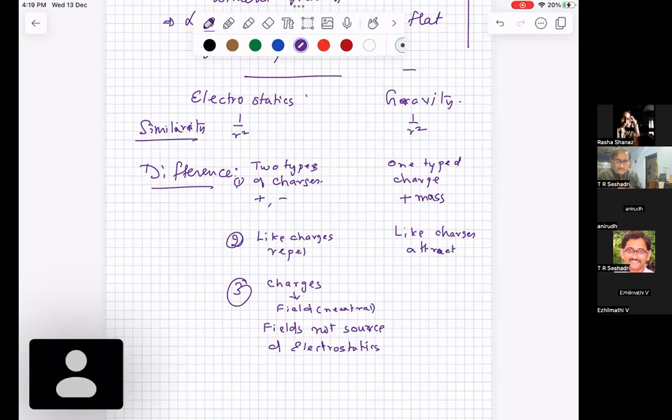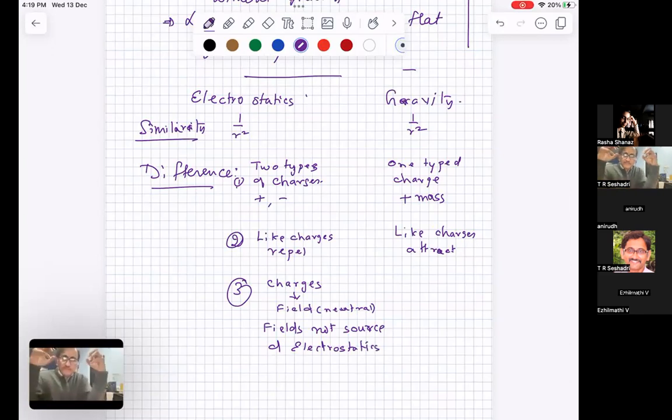For example, suppose I have two plates, plus and minus, far away, and there's a strong field between them in a capacitor. Now, if I have a charged particle, it will not get attracted to the field. Field will push it, but it will not go towards the field. It will go towards the other charged particle, positive or negative.